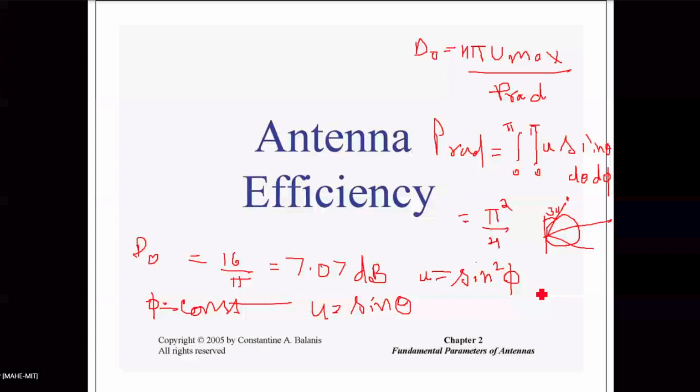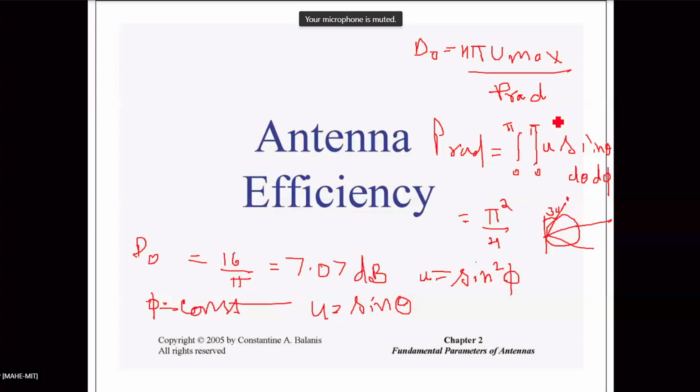So can you solve this problem? Can you tell me the answer quickly? How will you find out? Use this formula. D naught is equal to 4 pi u max by P rad. Now, what is u max?